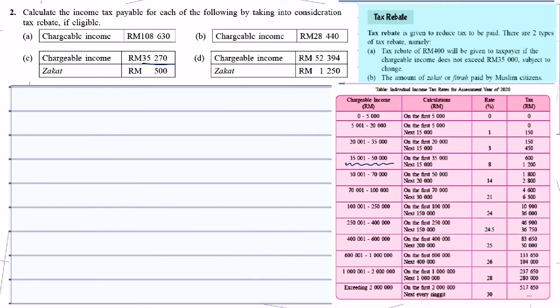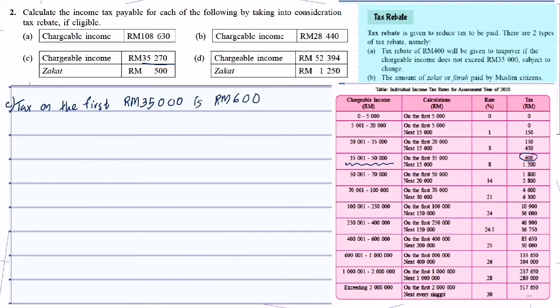Okay, first we find the tax on the first 35,000 ringgit. Okay, what is the amount? Yeah, refer to here. RM 600.